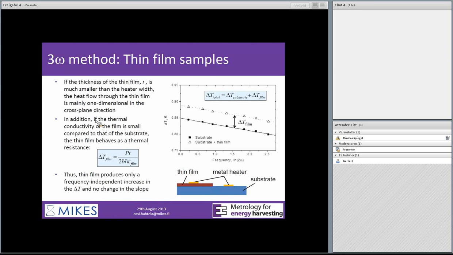In such a case, and if the thermal conductivity of the measured thin film is small compared to that of the substrate, the thin film behaves just as a thermal resistance, and the temperature drop across the thin film can be seen from this equation.